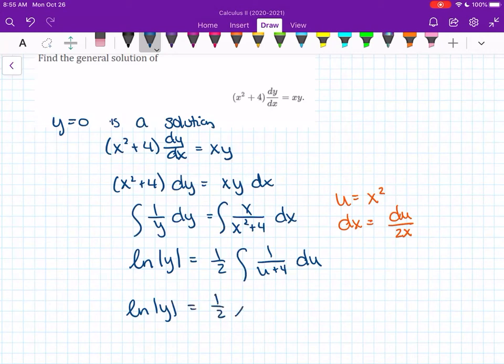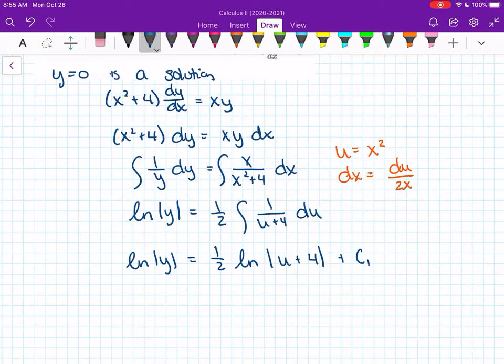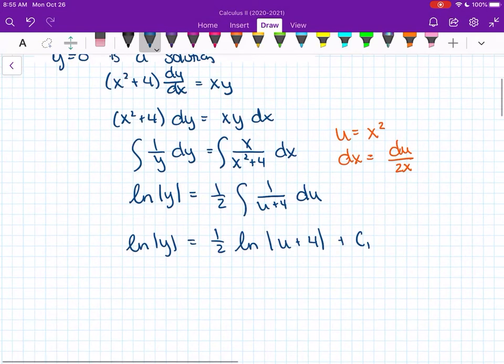So then I have that the natural log of the absolute value of y equals 1/2 the natural log of the absolute value of u plus 4 plus some constant. And how you know whether to call it just c or c sub 1 is whether you have natural log on the other side or not. So I do, so I'm going to make it c sub 1 because I know when I put it into that exponential form, I can change it into a generic constant at that point.